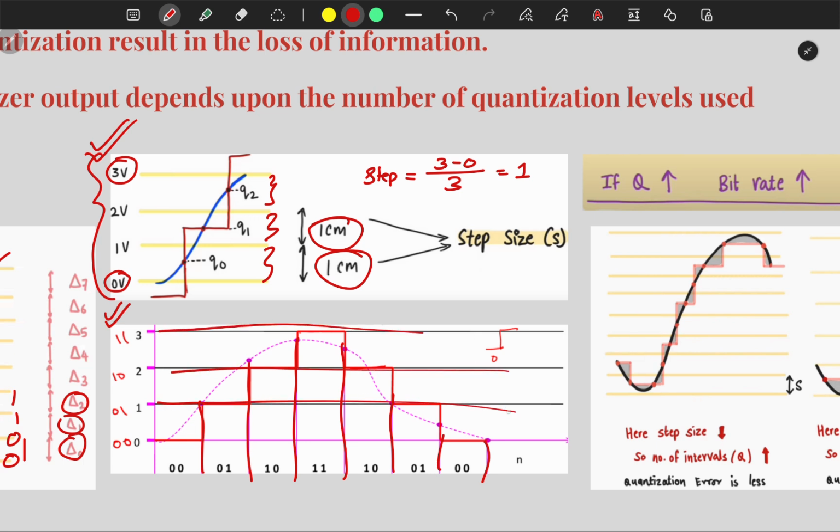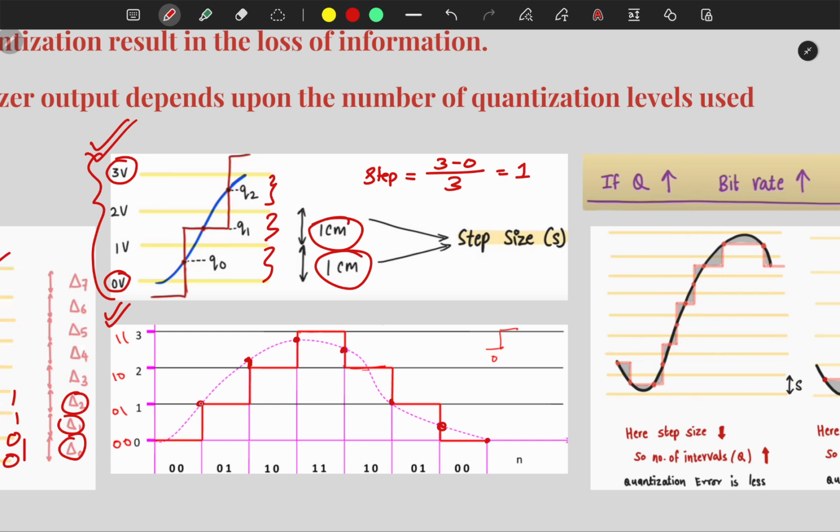Then we'll mark those points, and after marking those points we'll get a grid-like structure like this. Then these are the points. What are these points? These points are the quantization level points. Then how will we get these points? We'll take the approximate values, like this point, we'll take the approximate value of the point.